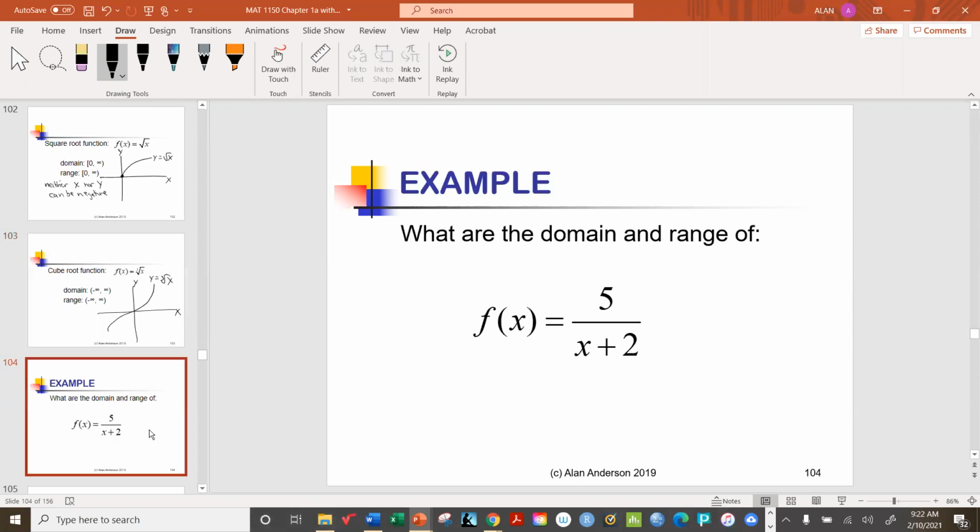Now, imagine yourself on a test. This could be a typical question. Why don't you take out a piece of paper if you don't already have one and figure out what are the domain and range of this function?